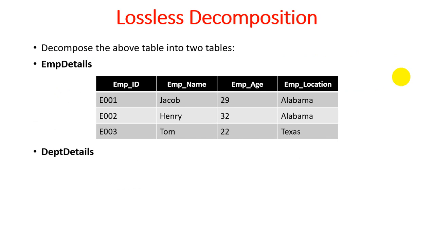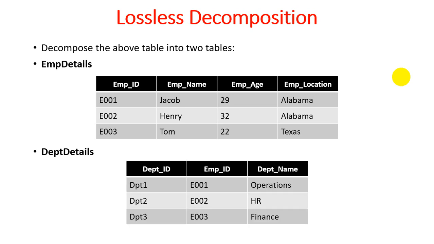The second relation is department detail, which has 3 attributes: department ID, employee ID and department name. Now we just prove that for both relations divided from employee information, if we perform a join operation on employee detail and department detail, then we get the original relation, employee information.